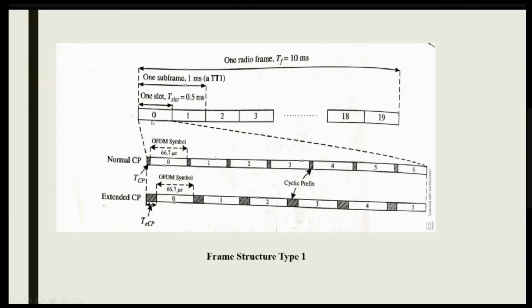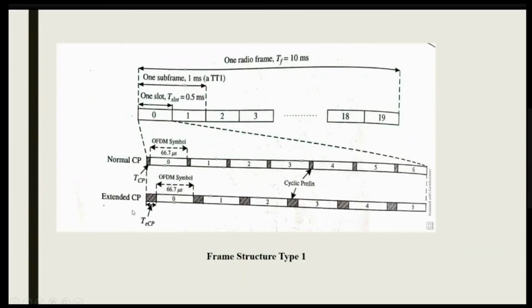Coming to the one slot, this complete picture will give you the one slot. Here, there will be OFDM symbols. The duration of an OFDM symbol will be 66.7 microseconds. And the normal cyclic prefix time will be added to it.